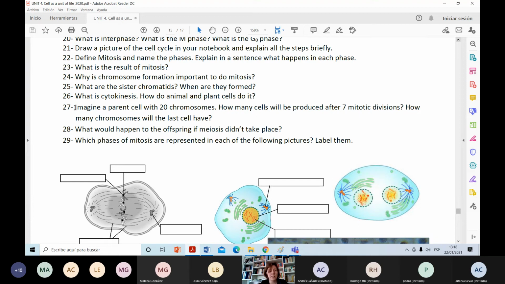Another interesting activity is activity number 27. It asks you to think of a parent cell with 20 chromosomes. We don't care whether it's an animal cell, a plant cell, or even a protozoan cell, but it has 20 chromosomes. Could it be a prokaryotic cell?